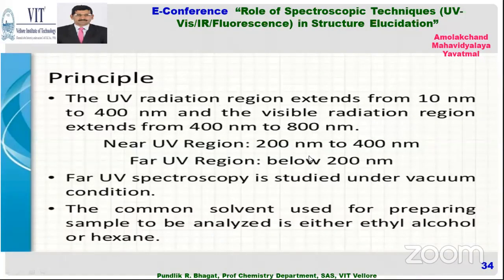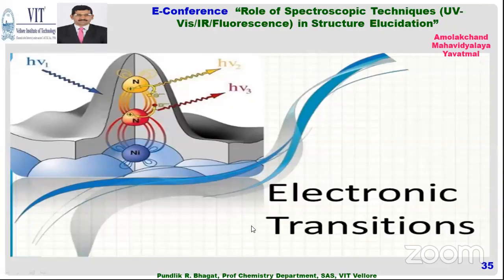So here UV is comprising from 10 to 400 nanometer, while 400 to 800 nanometer is related to visible spectroscopy. So most of the common solvents which we are using are transparent in the UV region. So those solvents only we can use for detecting UV and visible.